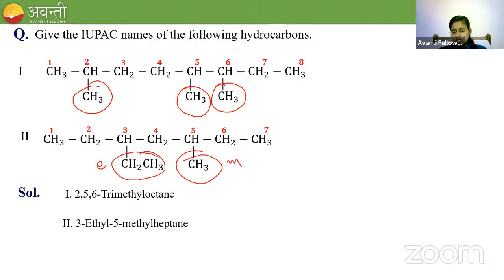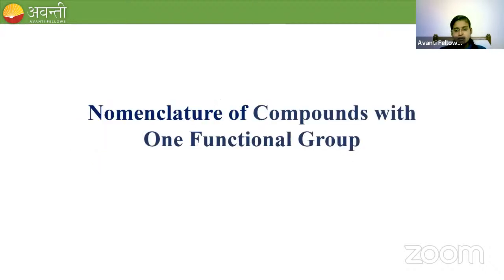So far we have discussed the nomenclature of branched chain alkanes. In all the compounds that we have discussed so far, we had only hydrogen and carbon. Okay, they are the alkanes. Now we are going to discuss the nomenclature of compounds with one functional group.